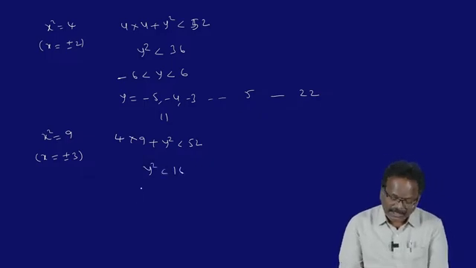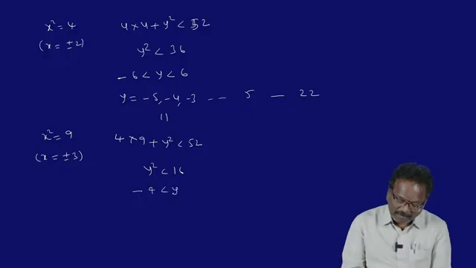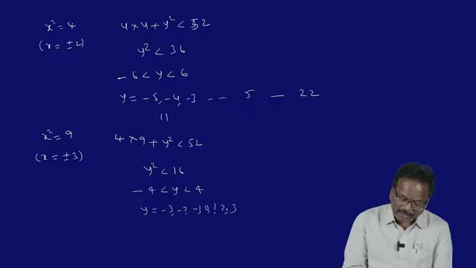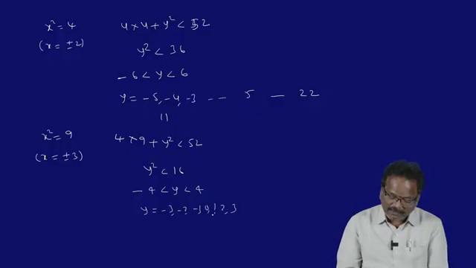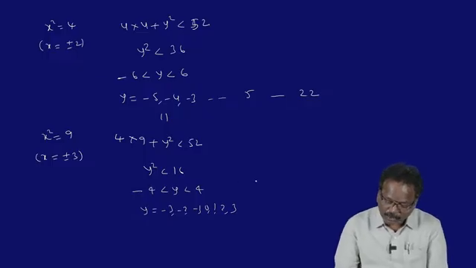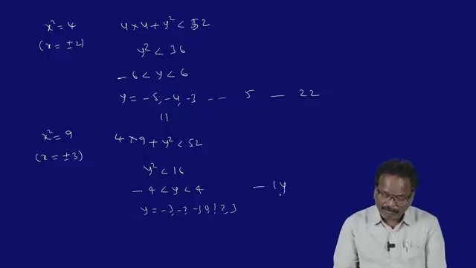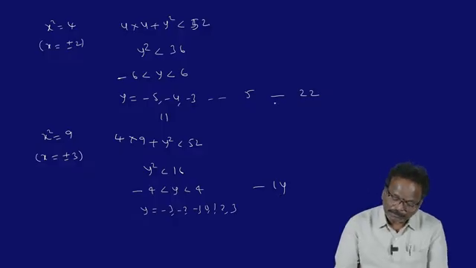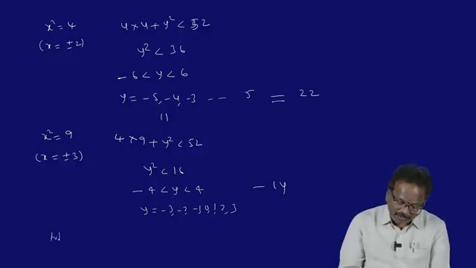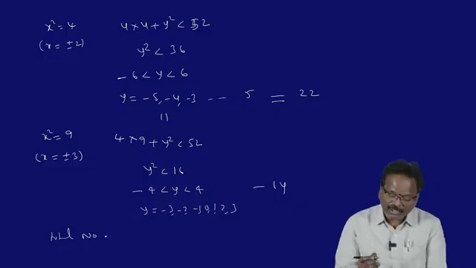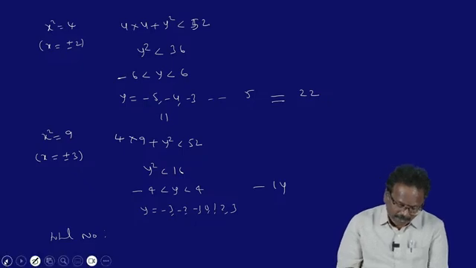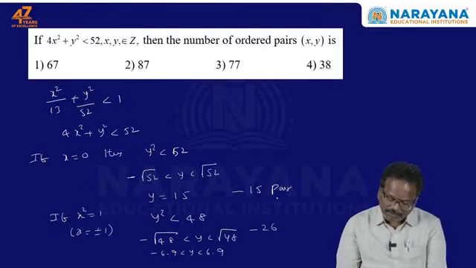Y lies between minus 4 and plus 4, so y may be minus 3, minus 2, minus 1, 0, 1, 2, 3. If x is plus 3, 7 values; minus 3, 7 values. Total values are 14 only. Therefore, the total number of integral coordinates lying inside the ellipse are: if x is 0, 15.